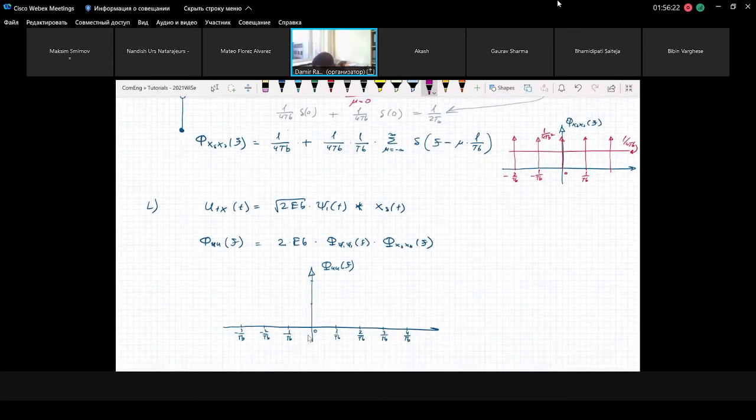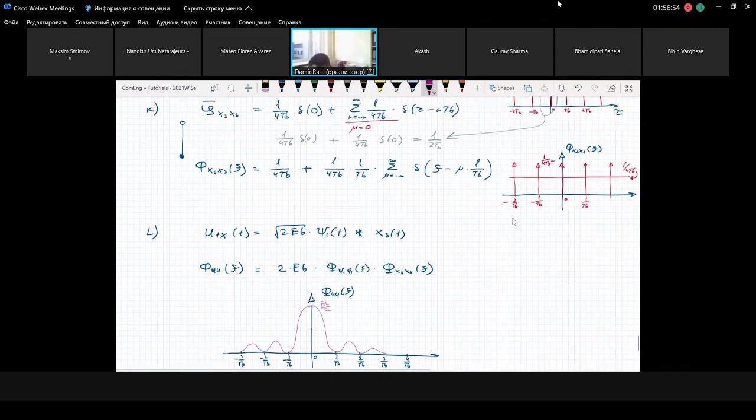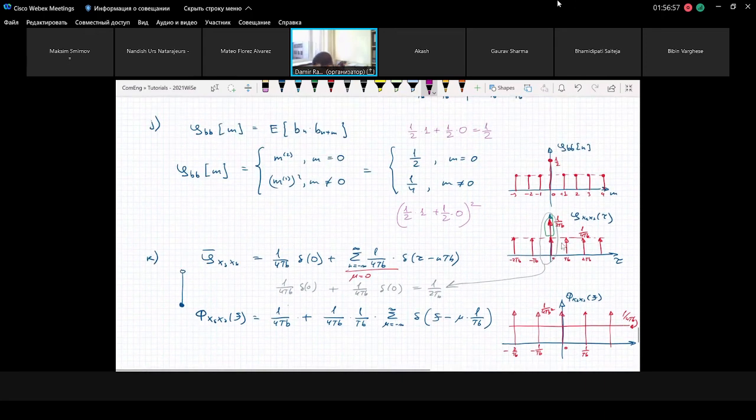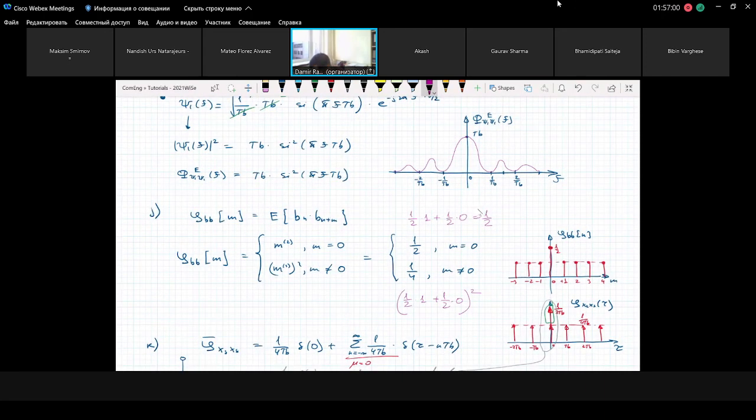As a result, the maximum value will be EB over 2, and we have the chi-square function. This is the constant part. And for the other part, we have a sequence of discrete pulses times the chi-square function again.